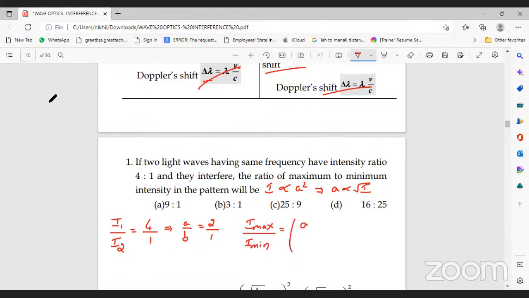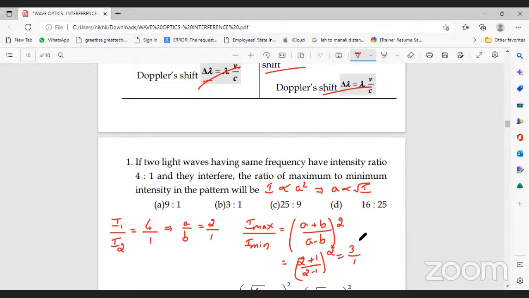Now they are asking you to find maximum intensity to minimum intensity. That is A plus B divided by A minus B, whole square, no? Yes, sir. Maximum intensity is the square of the amplitude, A plus B whole square. Minimum intensity means A minus B whole square. So A plus B over A minus B is 2 plus 1 by 2 minus 1, whole square.